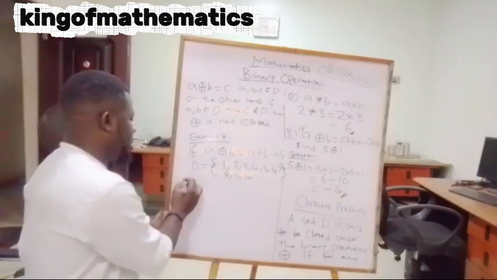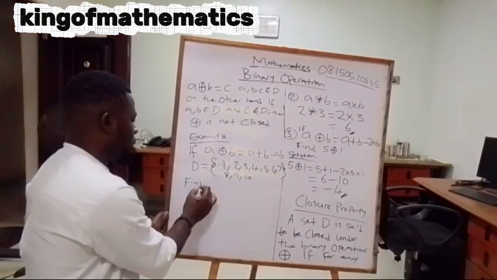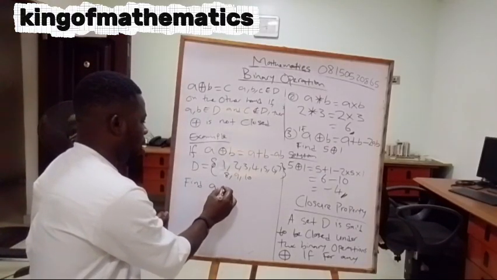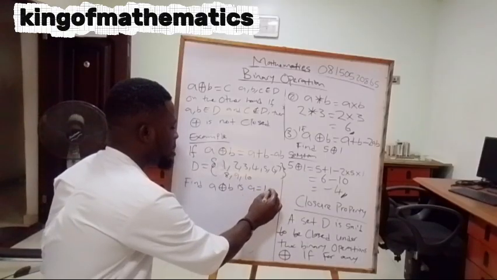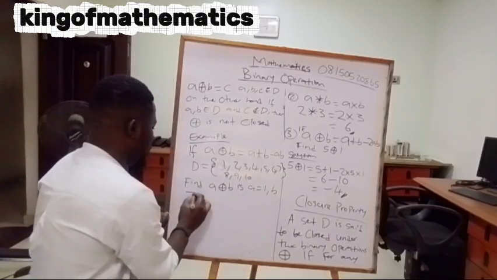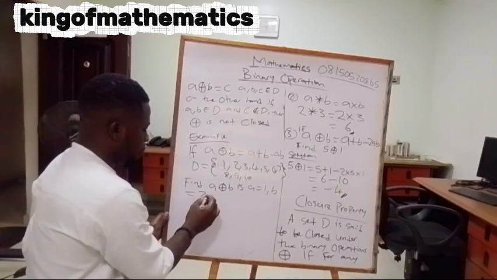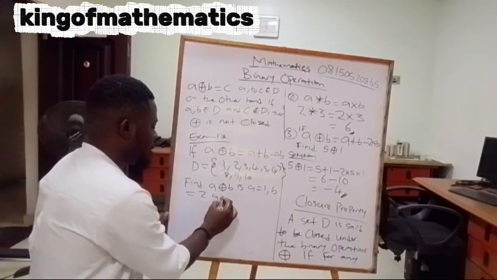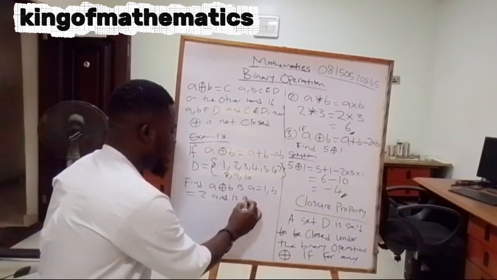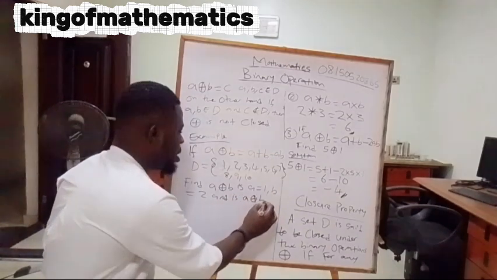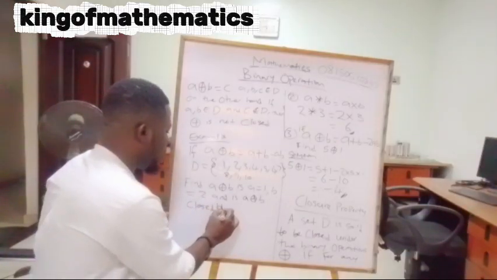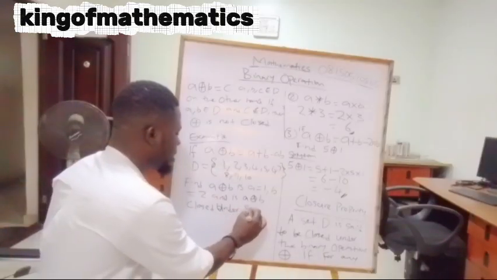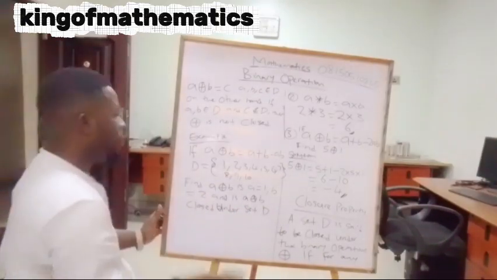And say find A operation B, if A equals 1, B equals 2, and is A operation B closed under set D. So how will you now confirm?